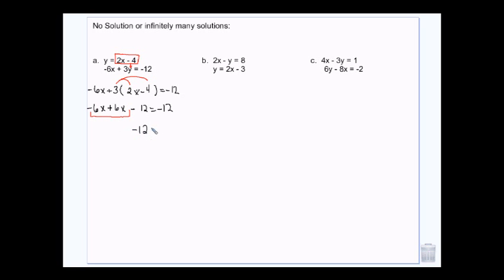So those go away, and I get -12 equals -12. This is a true statement. When I get a true statement, I have infinite solutions.